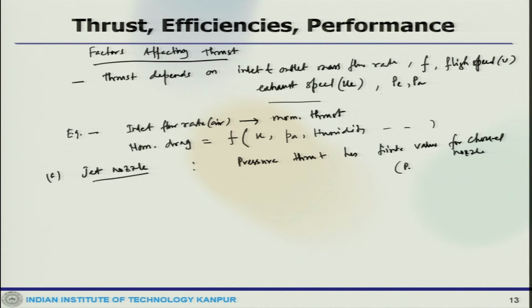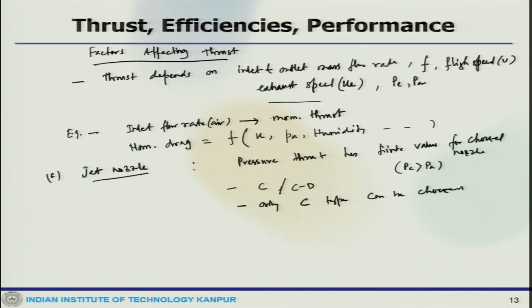Nozzles could be either convergent type or convergent-divergent type. Now, only the convergent type can be choked.